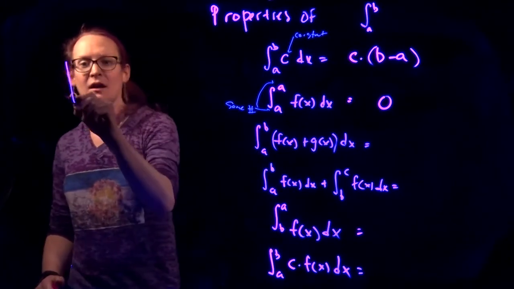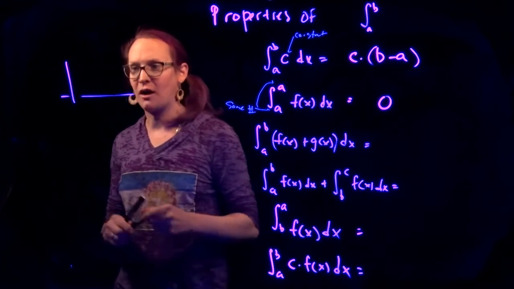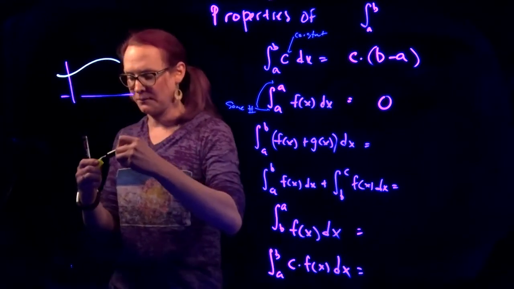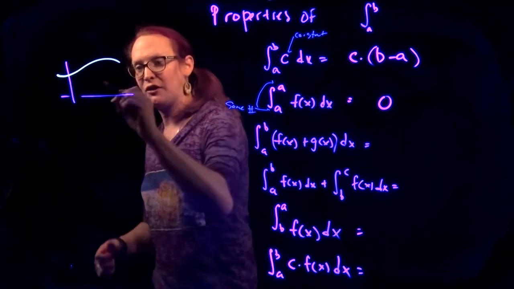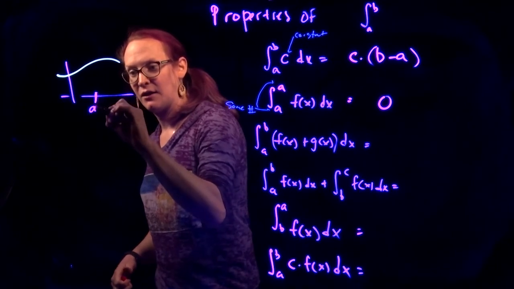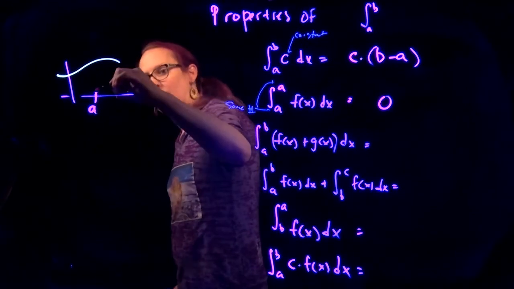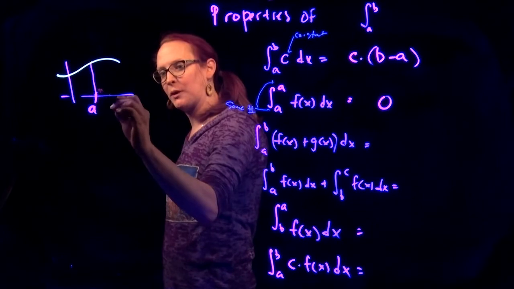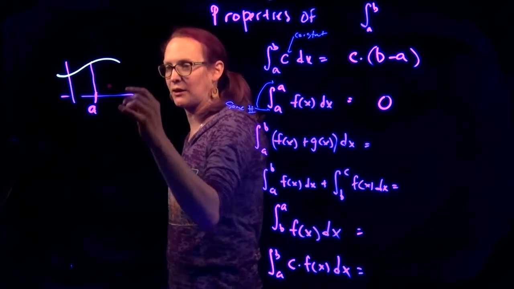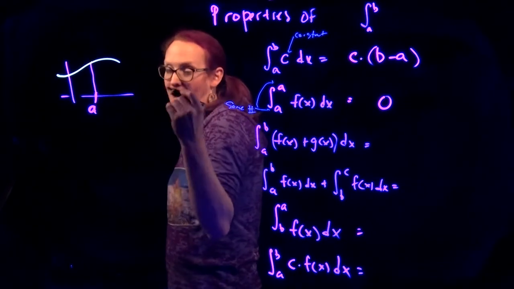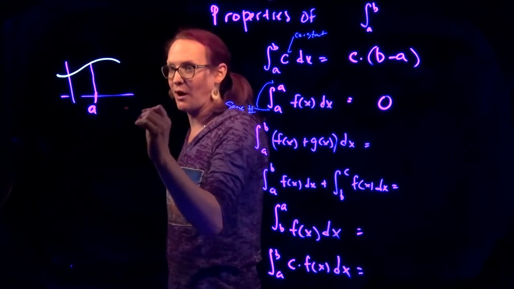Pictorially speaking, I've got axes. I've got a function. My interval is from a to a. Okay? So if I partition the width of this interval into little rectangles and add it up with little rectangles, the width of every rectangle is 0.